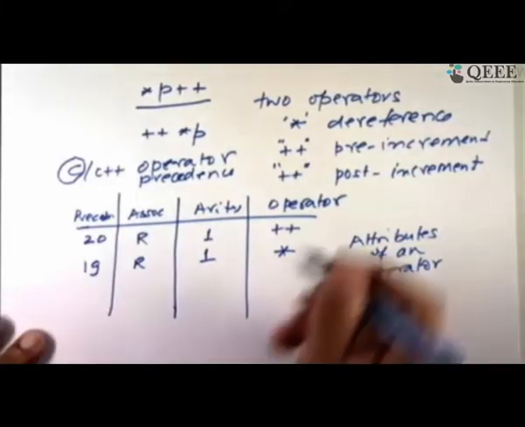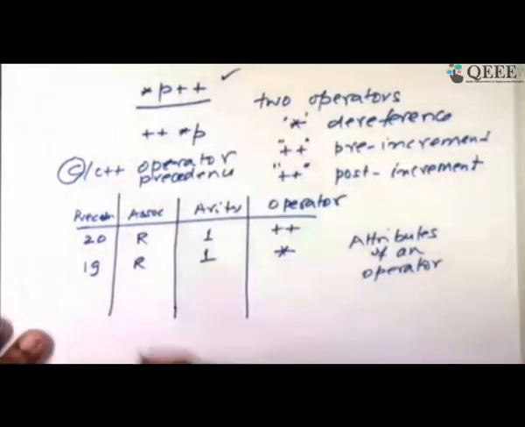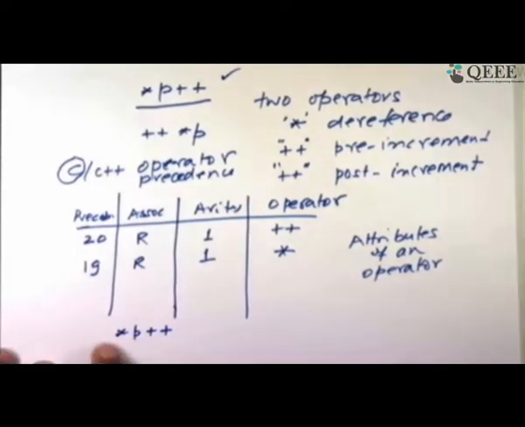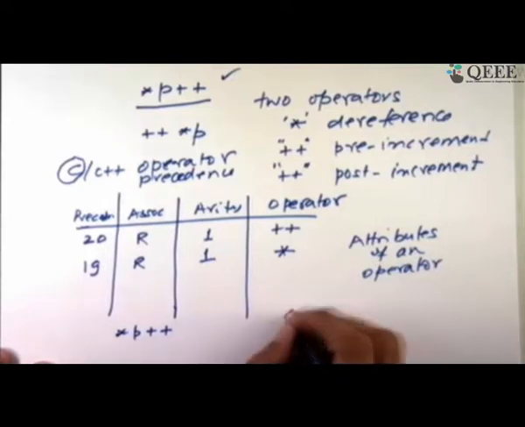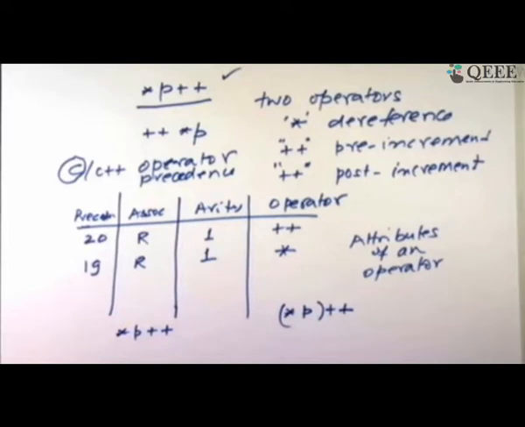Now if I take this and try to interpret the first one, what is star plus plus? Why is the confusion coming? Because somebody has not given a bracket. If you write star p followed by plus plus, the rules of the game are clear. You must first dereference p, you will get an object.